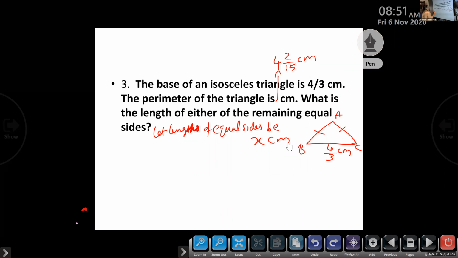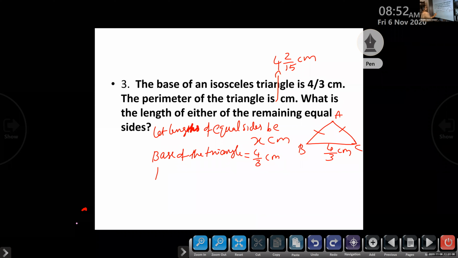Base of the triangle is 4 by 3 centimeter. Perimeter is 4 and 2 by 15. So make it into an improper fraction. This is a mixed fraction, so it will be 62 by 15 centimeter.